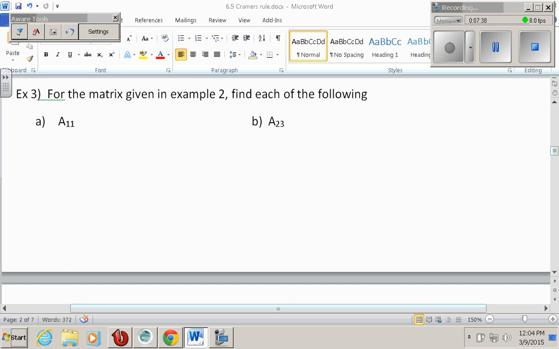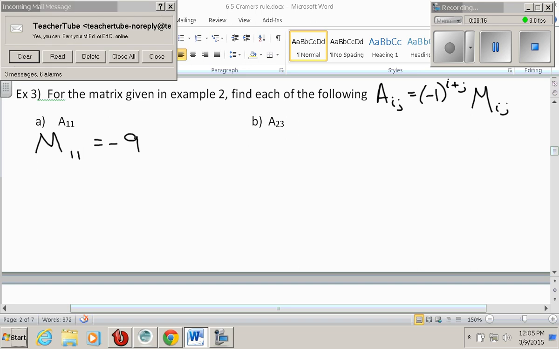So with A, we're going to start by taking the minor 11, which we know to be negative 9 because we just found it. Okay. So now we're going to use that information in our formula, and I can rewrite that formula so it's in front of us. Okay, so that's our formula.